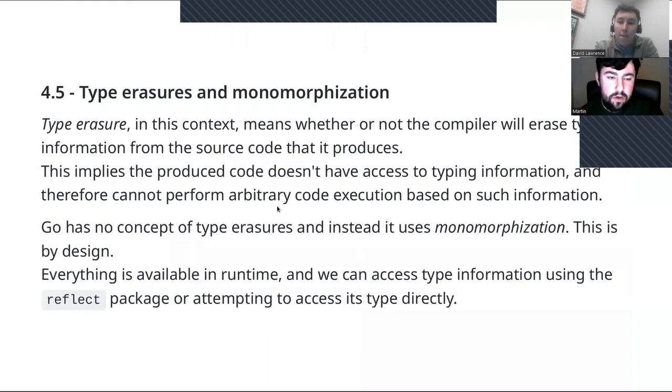And then the last topic that I wanted to touch on is type erasure and monomorphization, which is when the compiler will try to erase types as it either compiles code or before it starts running code, right? So Java will do some of this where you have your generics. It will not really expand them into multiple versions.